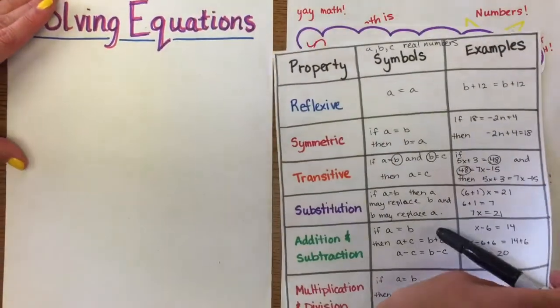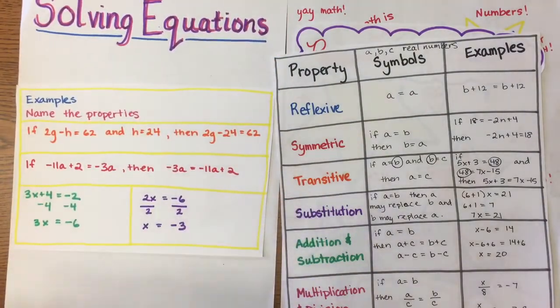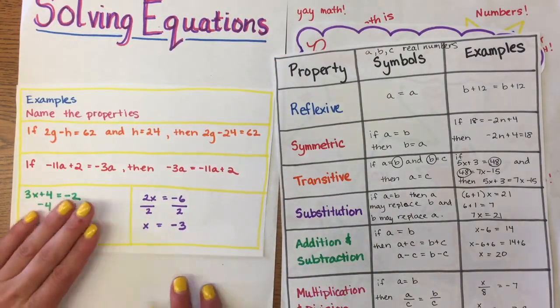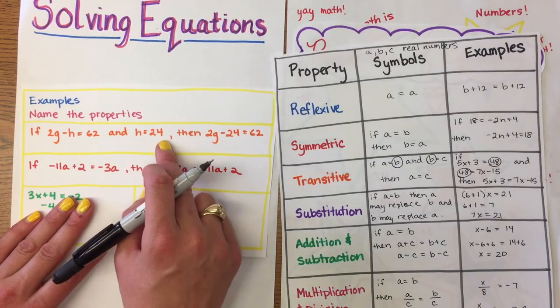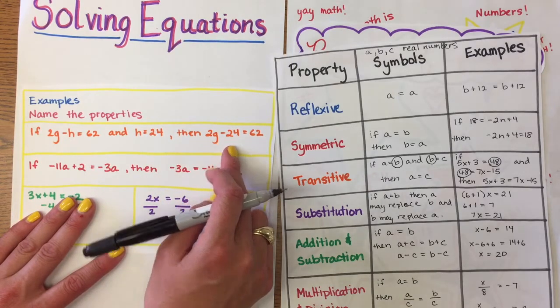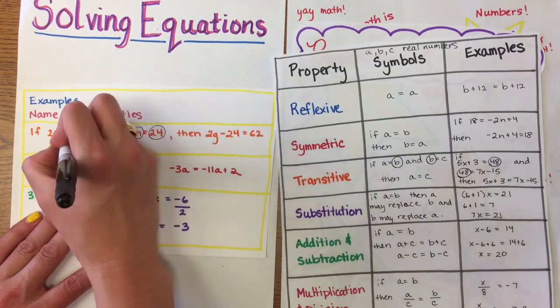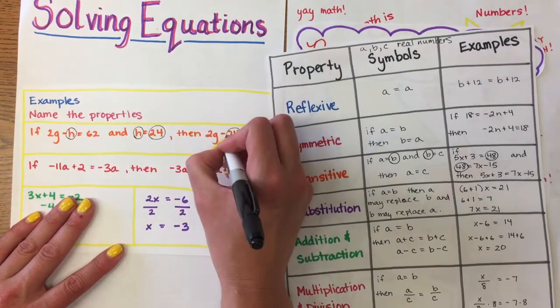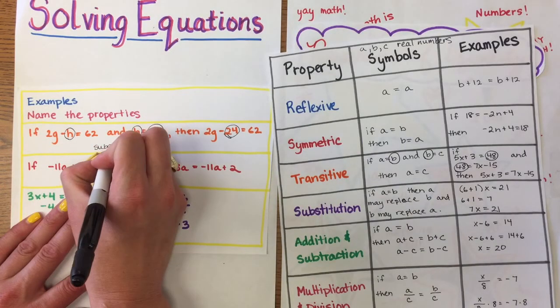Now, if we go through an example of just identifying properties, not really solving, but just naming properties: if 2g minus h is equal to 62 and h is equal to 24, then 2g minus 24 is equal to 62. Well, 24 replaced h, so this is going to be the substitution property of equality.